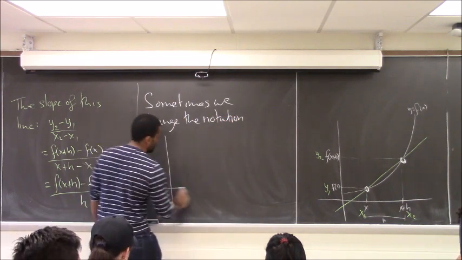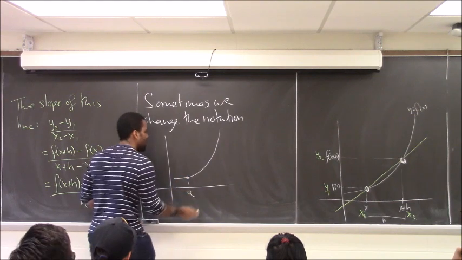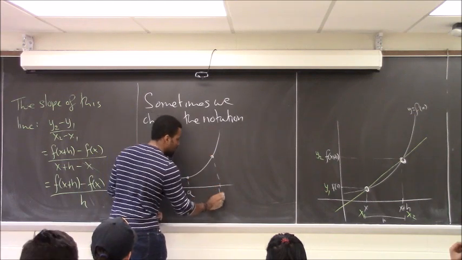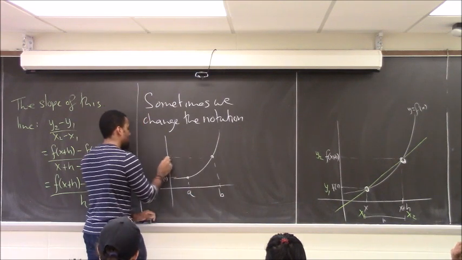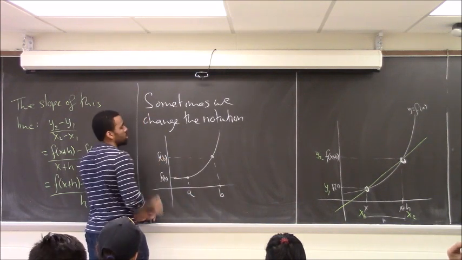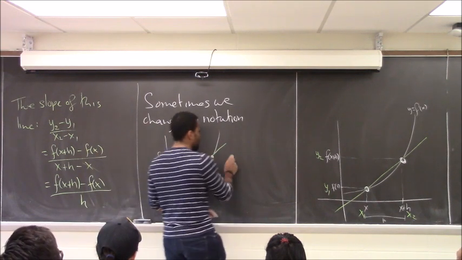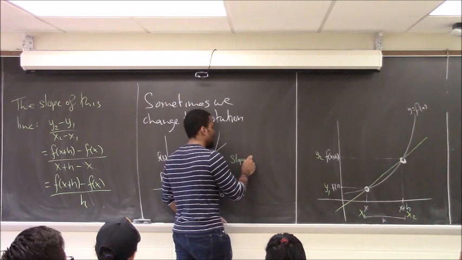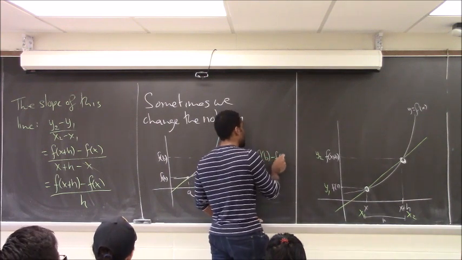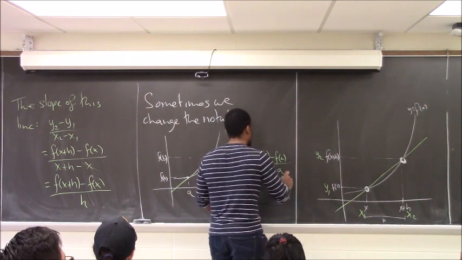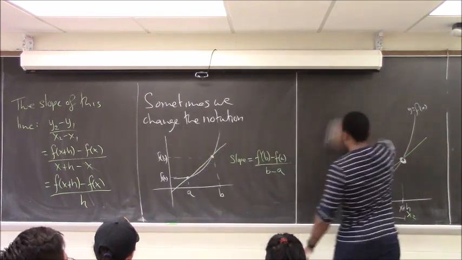So same function, same context, except we call the first position A, and we might call the second position B. So this would be f of A, and this would be f of B. And then we'll talk about the line over here, and then we'll measure the slope. And using y2 minus y1, it will be f of B minus f of A over B minus A. So that's just another way to talk about the difference quotient. It is equivalent.